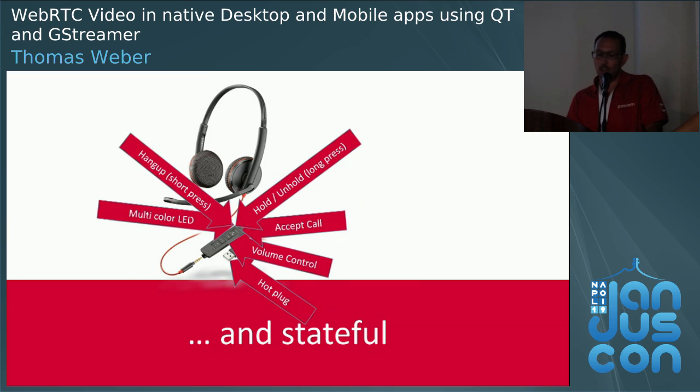You can press long on it to hold or unhold the call. You can have a short press to hang up the call. And this is not our idea. This is the vendor's idea of what these buttons and the LED should do. And that means you need to use the SDK, and you need to fully synchronize your softphone state into the headset so that it plays well with your application.